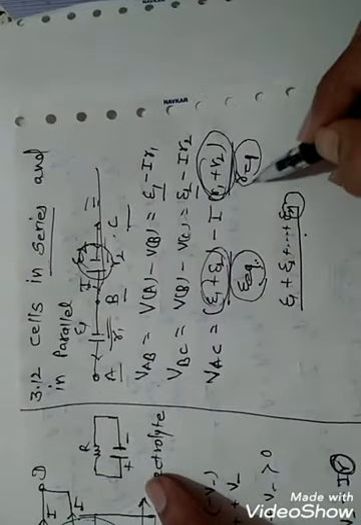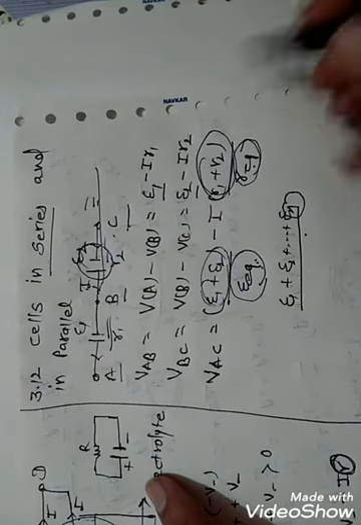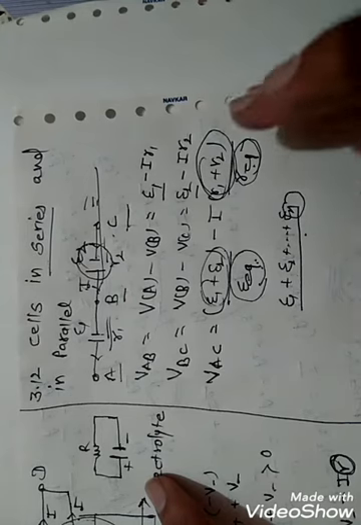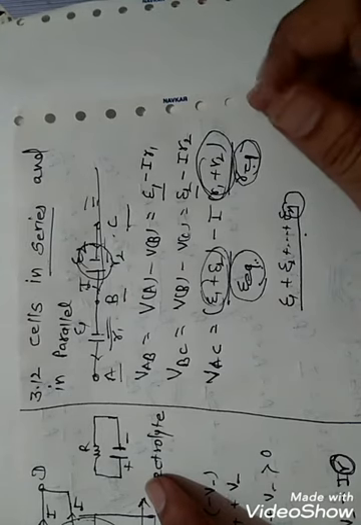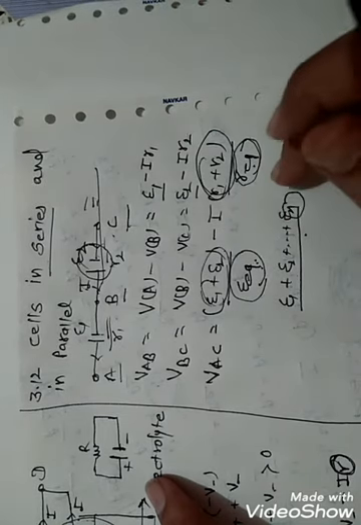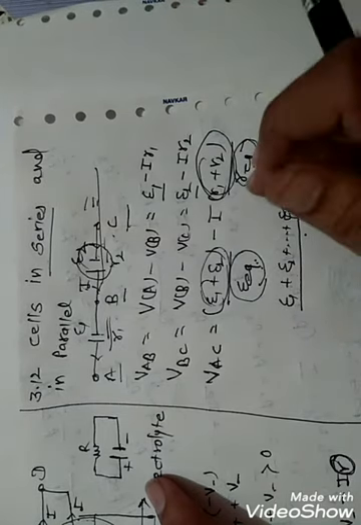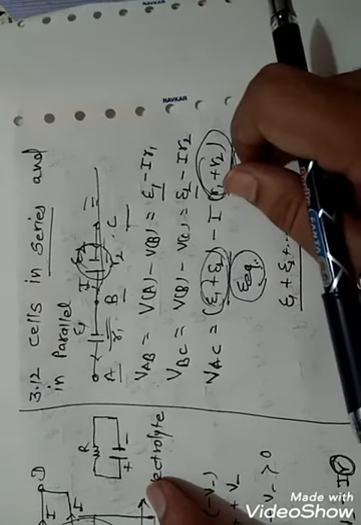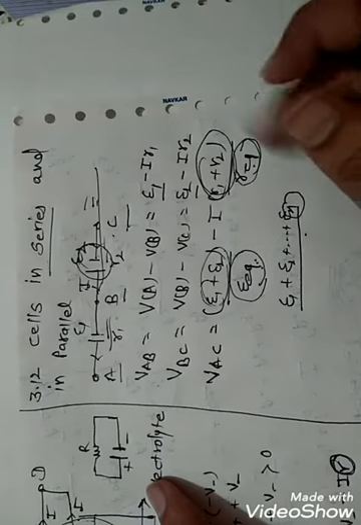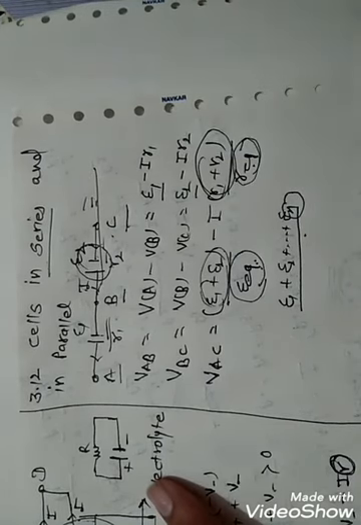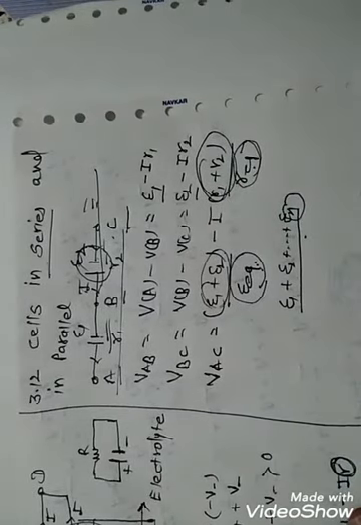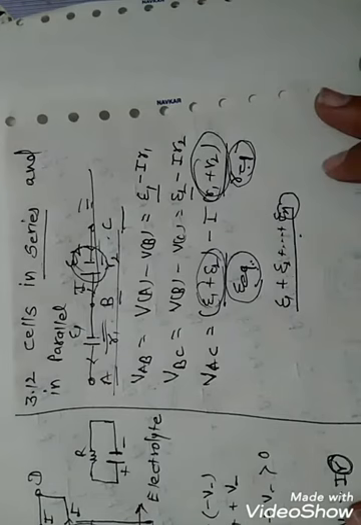Same for internal resistance: R1 plus R2 plus up to Rn. So the equivalent internal resistance of a series combination of N cells is just the sum of the individual internal resistances. Okay, so this is for cells in series connection.